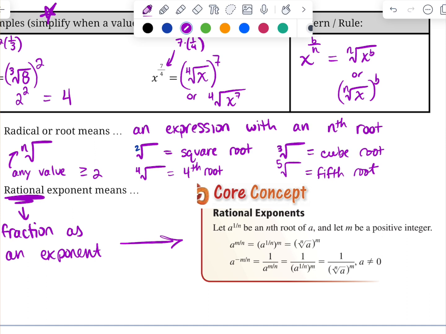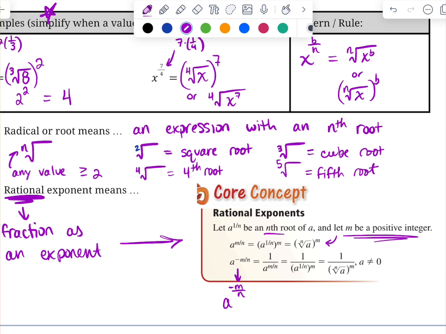At the bare minimum, we've got 1 over n. So the nth root, m, if it's a number in the numerator, should be a positive integer. Then all of this right here is true. And then we have a to the opposite of m over n.